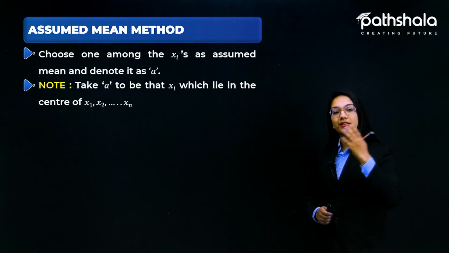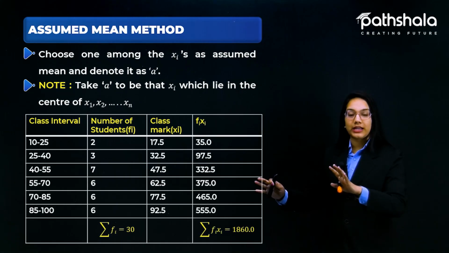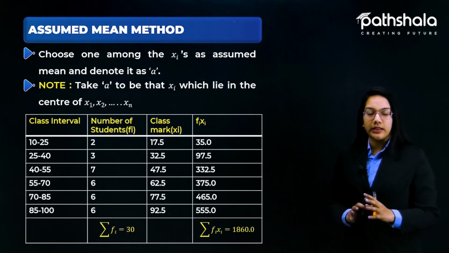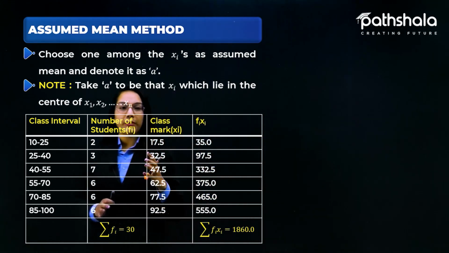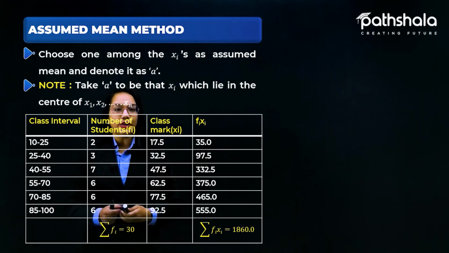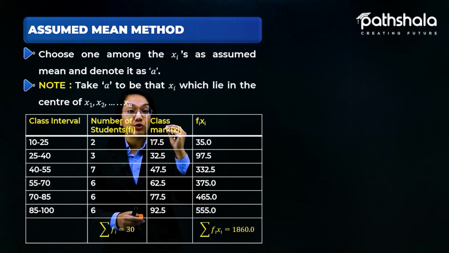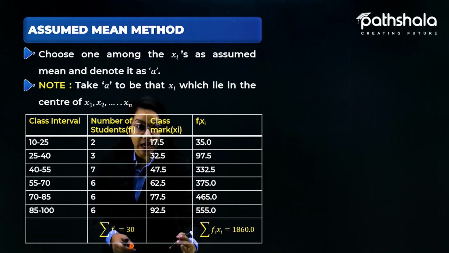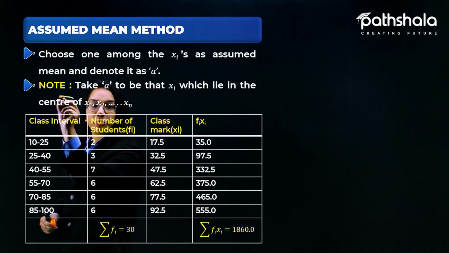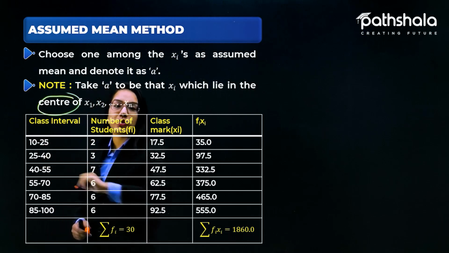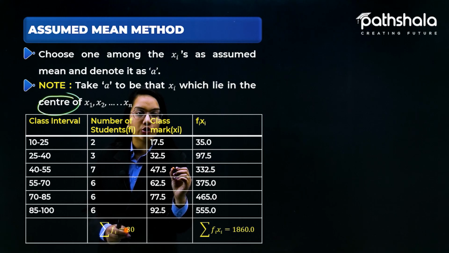Let us take the previous example that I took for the direct method. Here, if I have to select what should be my assumed mean, the element that we select should be among these xi's and it should be in the center of x1, x2 and so on up to xn.